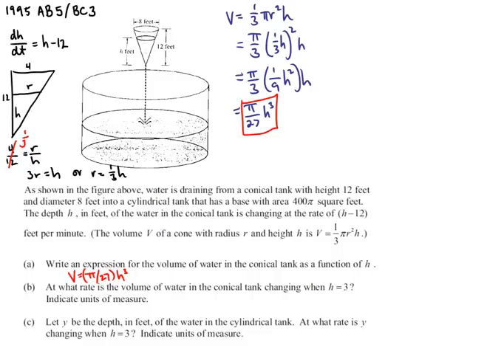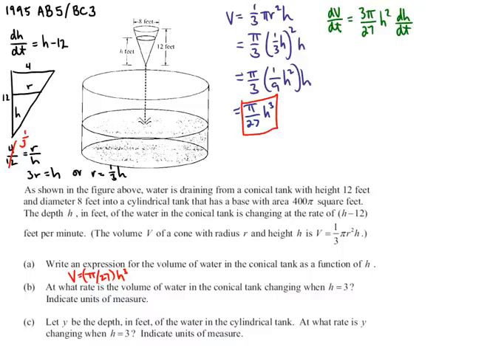Part B, we want to find out at what rate the volume of water in the conical tank is changing when h is equal to 3. So for this we're going to need dV/dt. Using the last simplification of V being pi over 27 h cubed, we're going to take the derivative of that with respect to t, and that's going to give us 3 pi over 27 h squared dh/dt, and we know what dh/dt is.